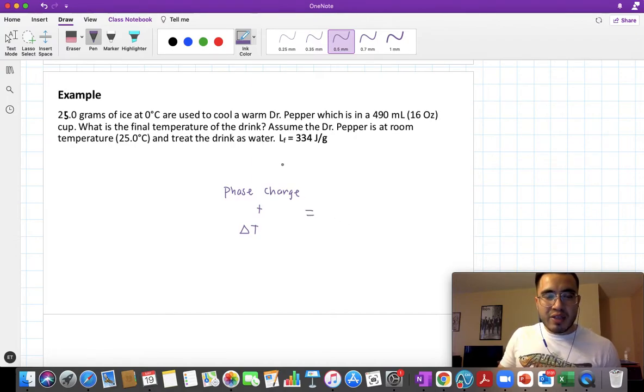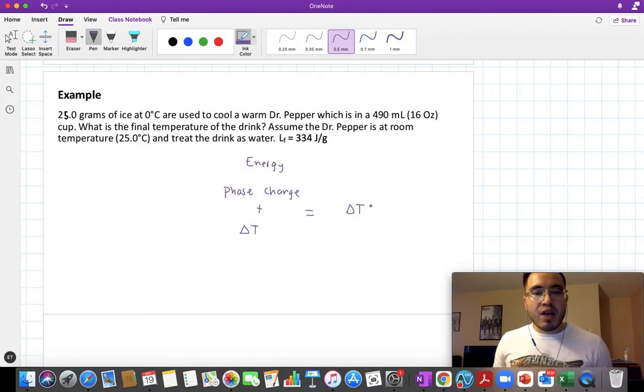So that energy required to have a phase change plus a change in temperature should be equal to the change in temperature of the Dr. Pepper, meaning on the right side, we only have to account for a change in temperature, okay?